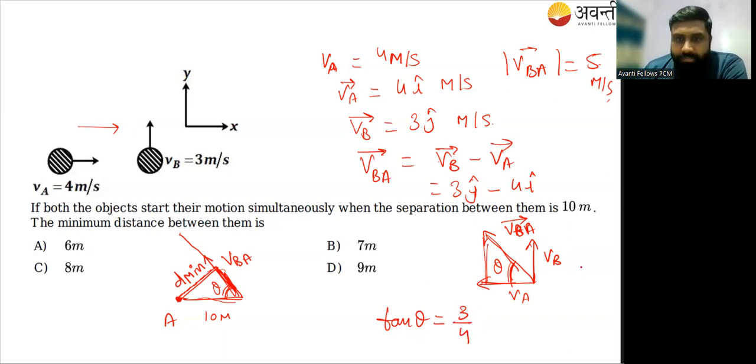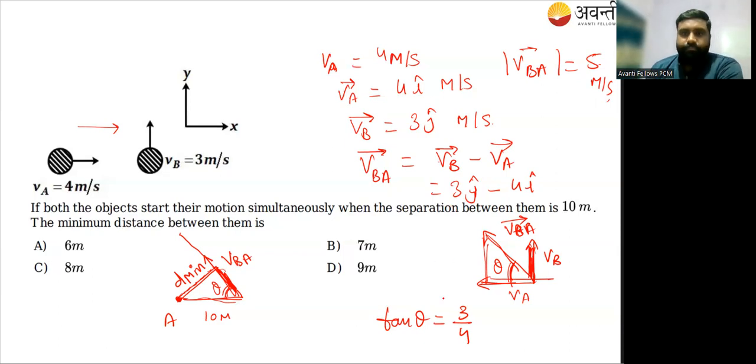Got it? Because VB here is nothing but 3, the magnitude of VB, and the magnitude of VA is 4. So that is the angle between them.